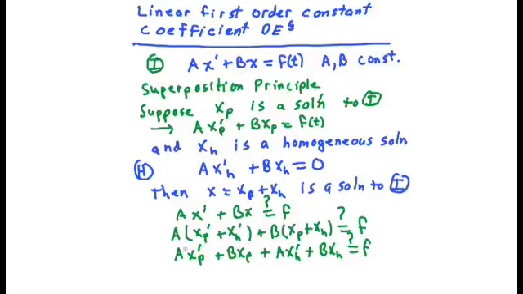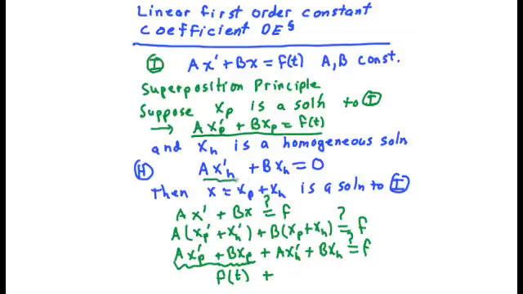But now what can we do? Let's look at this pair right here, a xp prime plus b xp, and see what that equals. We know what that equals. We made the assumption up here that it equals f of t, so I can replace that by f of t. And what about this a xh prime plus b xh?